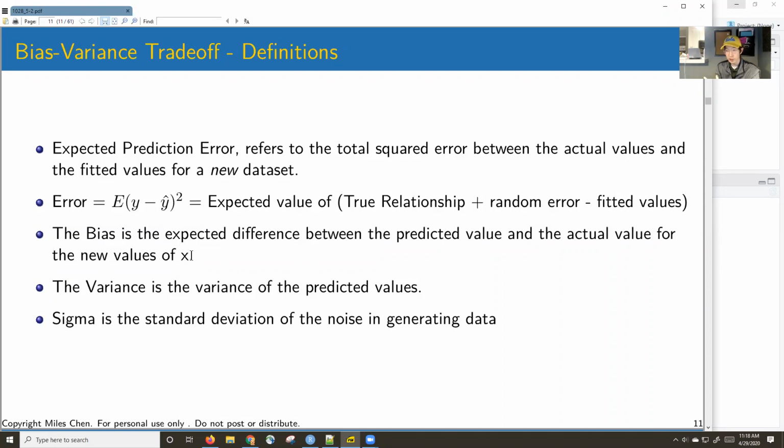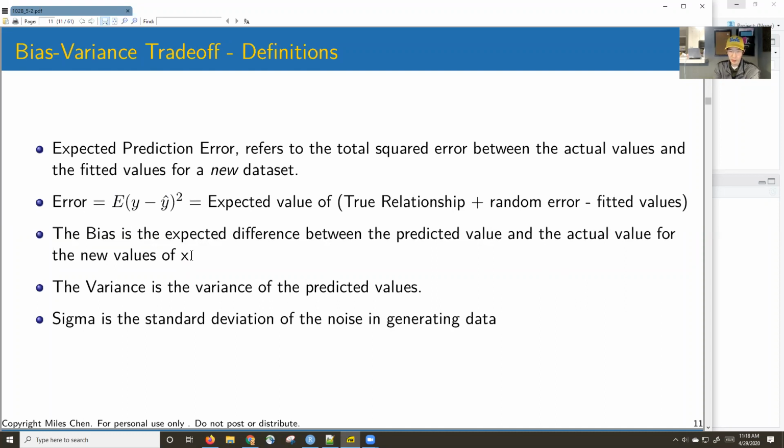With something like linear regression, bias means that in the long run the average, the expected value, is equal to the true value.